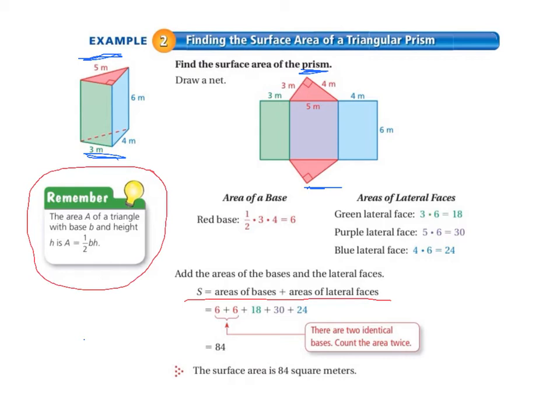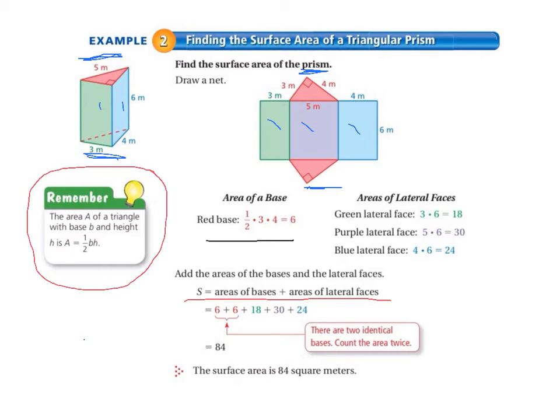So then let's talk about what are the lateral faces. The lateral faces are going to be all of the other shapes here in the different colors. So as you can see, we found the area of each shape by using the formula. So we found the area of the bases, the formula 1/2 base times height.